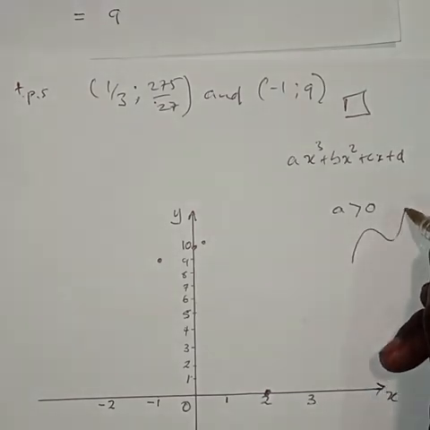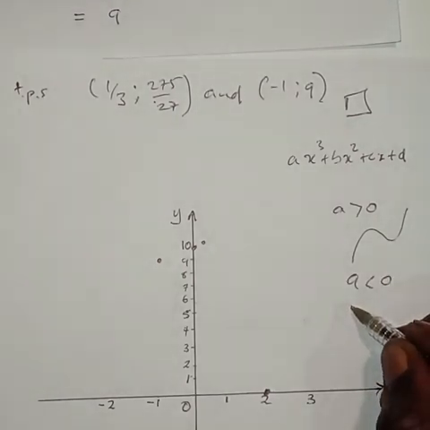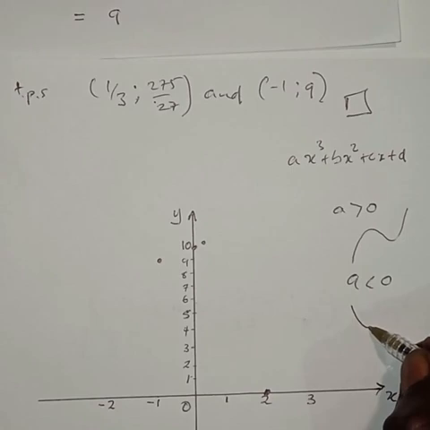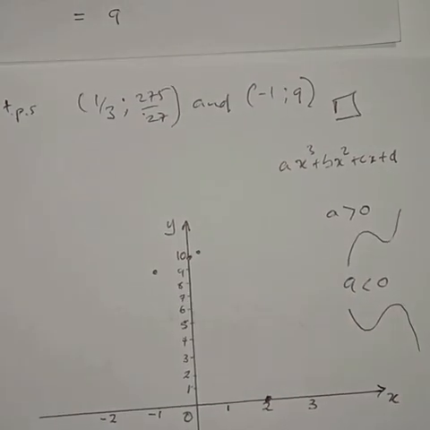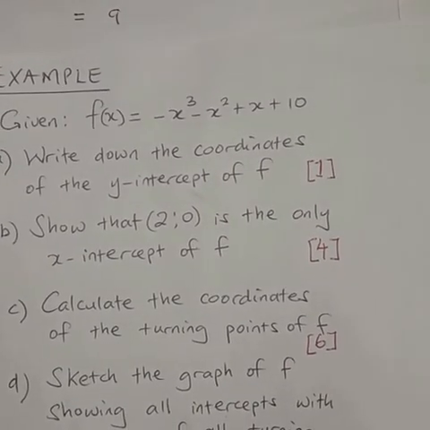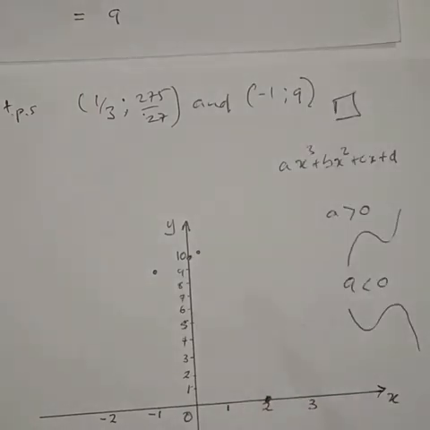If a is less than 0, the graph starts with a negative gradient. So in this case, if you remember from the question there, our a is negative. So our graph assumes this shape here.